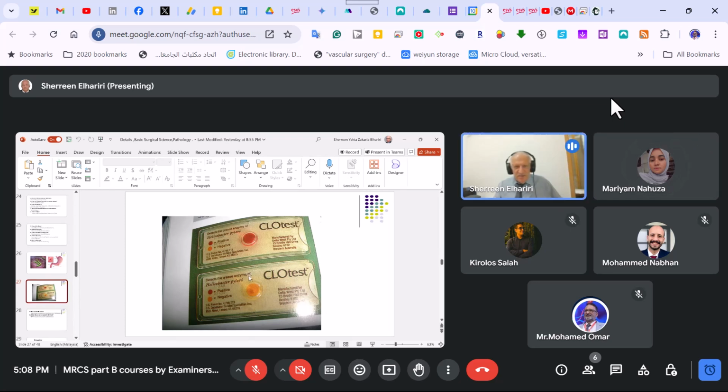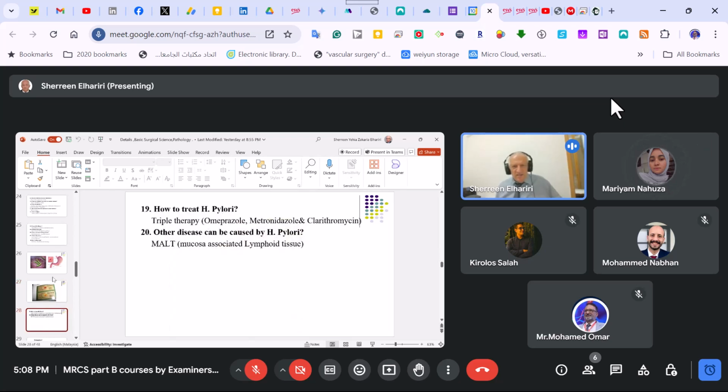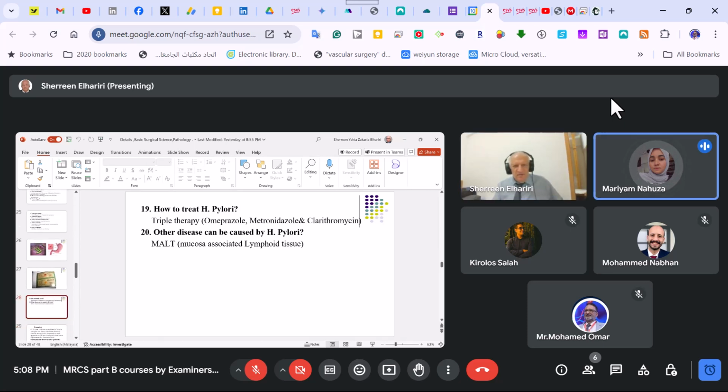In the test, if you don't see a change, it is normal. Does orange become red? Yes. How to treat H. pylori? It's called triple therapy. You can give clarithromycin combined with metronidazole, with a PPI like esomeprazole. What does PPI mean?